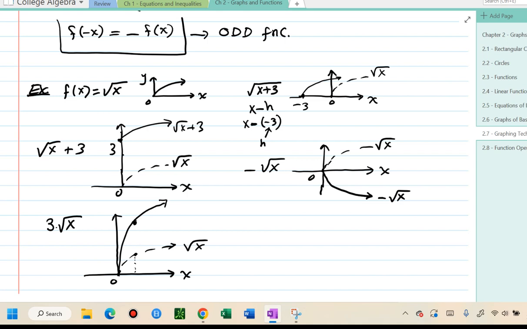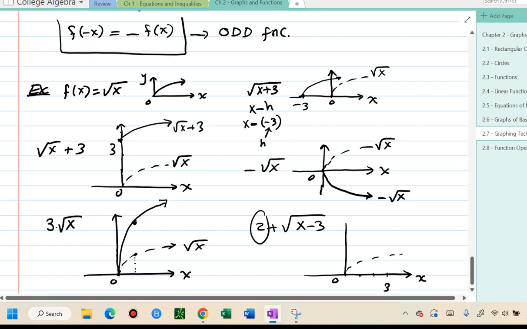We can combine one. Suppose I want to do one that's like 2 plus root x minus 3. How's this one going to look? Again, let's say that's what root x looks like. Root x minus 3. Opposite of negative 3 is 3. So I go to the right 3.